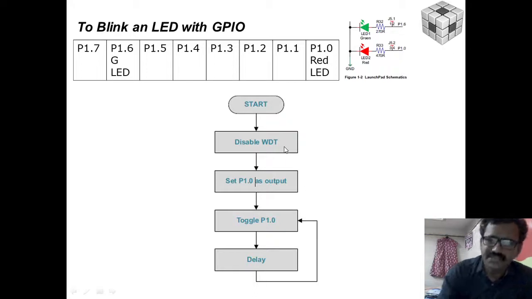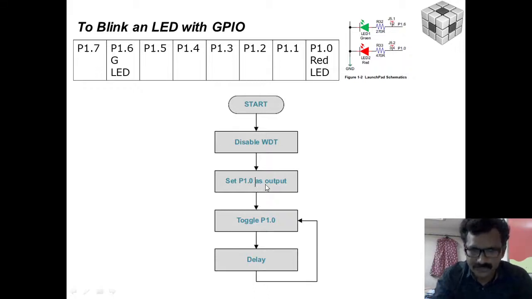So that's why we need to disable the watchdog timer, first step. And set P1.0, because it is connected to the red LED, so it should be set as output direction. Then toggle means on P1.0 we send 0 or 1, 0 or 1, like this. So we have to toggle P1.0.